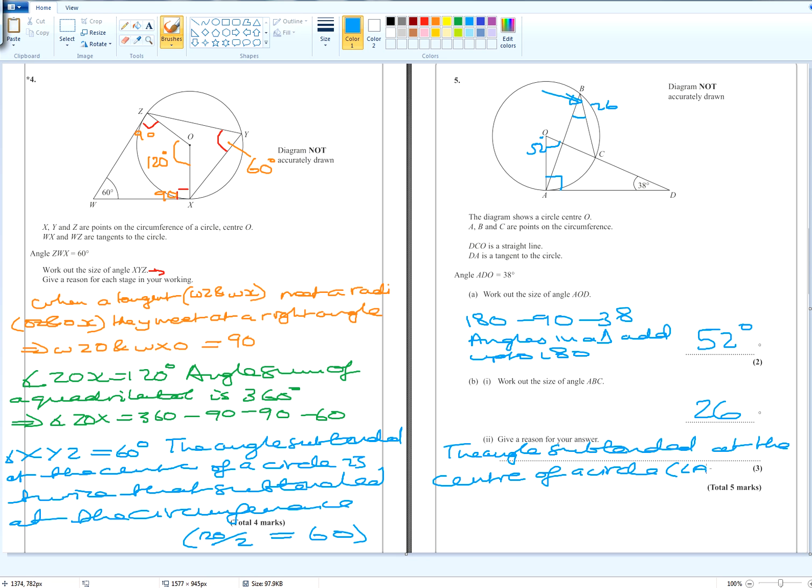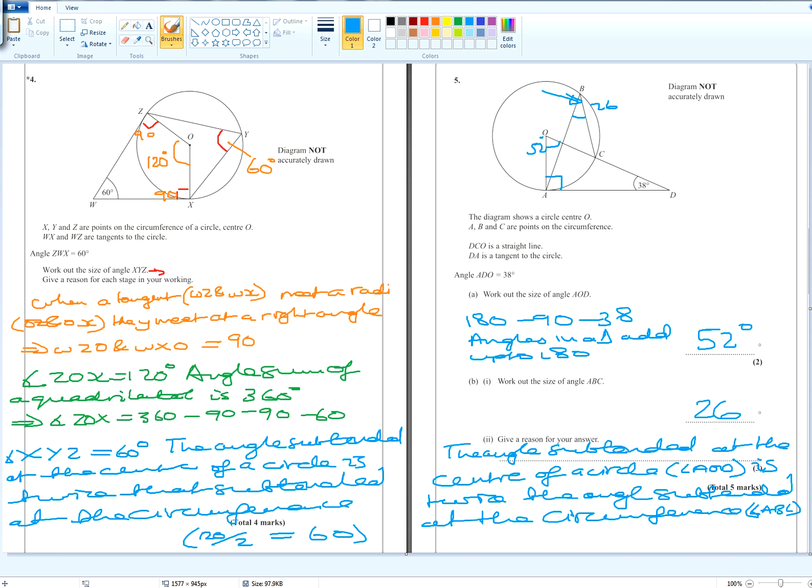Angle AOD, put that in brackets, is twice the angle subtended at the circumference. The circumference ABC. That's angle ABC. Done. Okay, folks, we're going to have a small break now.